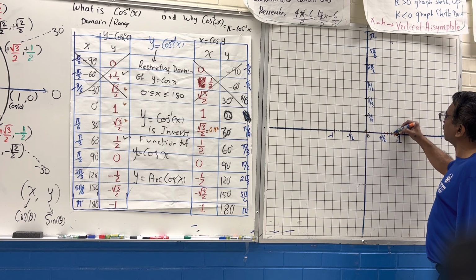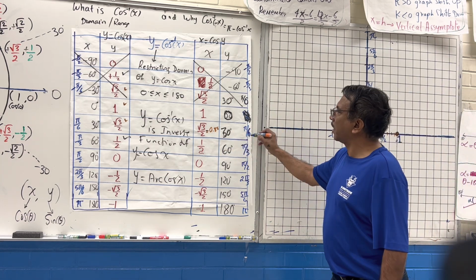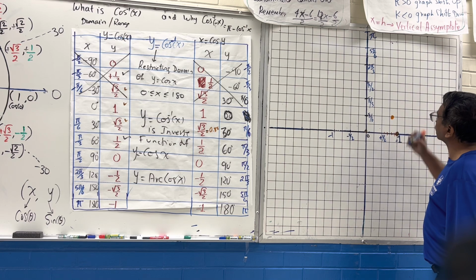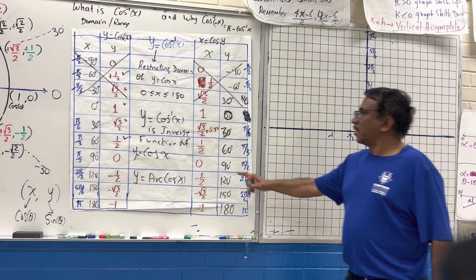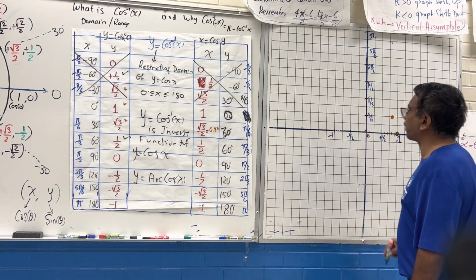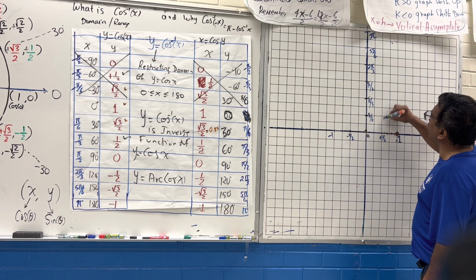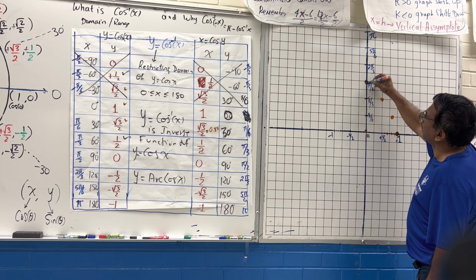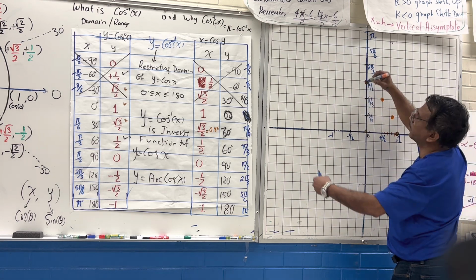So this is pi/6. Then half is 60 degrees, so this is pi/3. Pi/2 is 0. The negative half is 2pi/3.